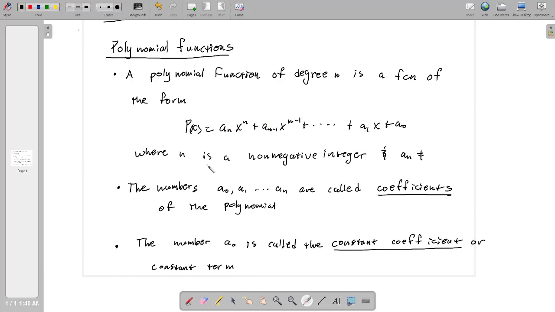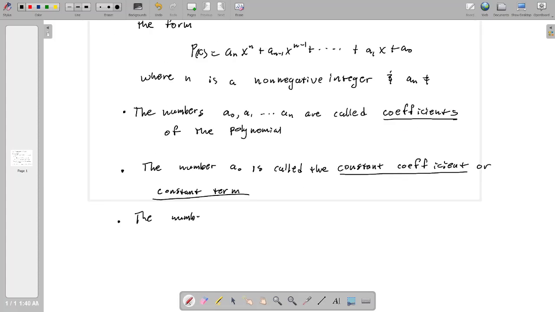But that term includes the coefficient and the variable to the power. A coefficient refers to only the constant number in front of the variable. So when we say a sub 0 is a constant coefficient, it's because it's only a number. It's attached to x to the 0 power, if you want to think about it that way. But it's also its own term, which is why we can call it the constant term.